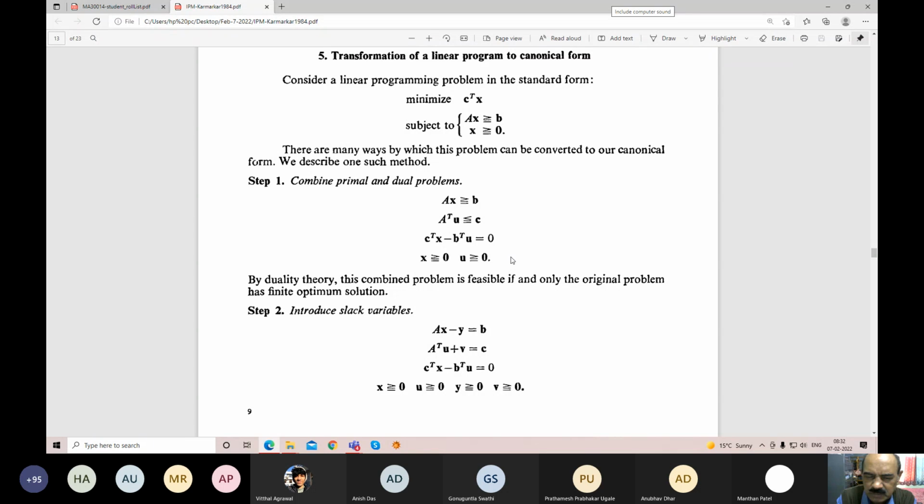According to that, C transpose X, the primal objective function value, minus B transpose U, the dual objective function value, equals 0. And X is non-negative, U is non-negative. There are 4 models; only one model we have discussed. The second, third, fourth models we have not touched.